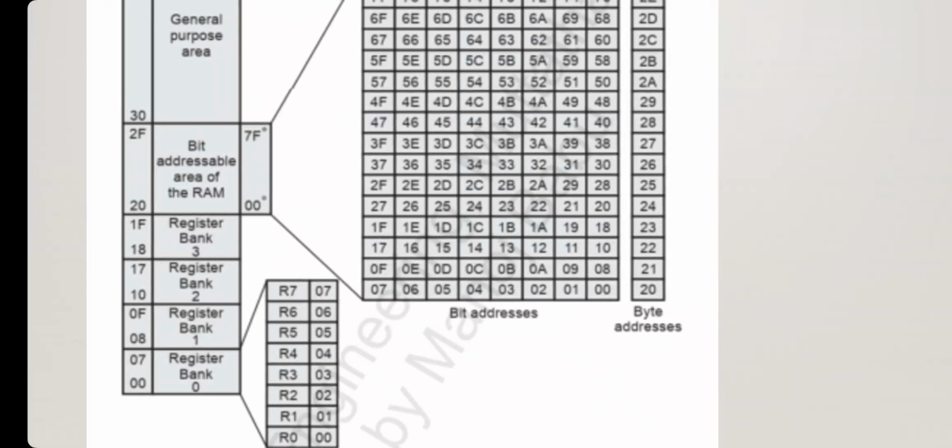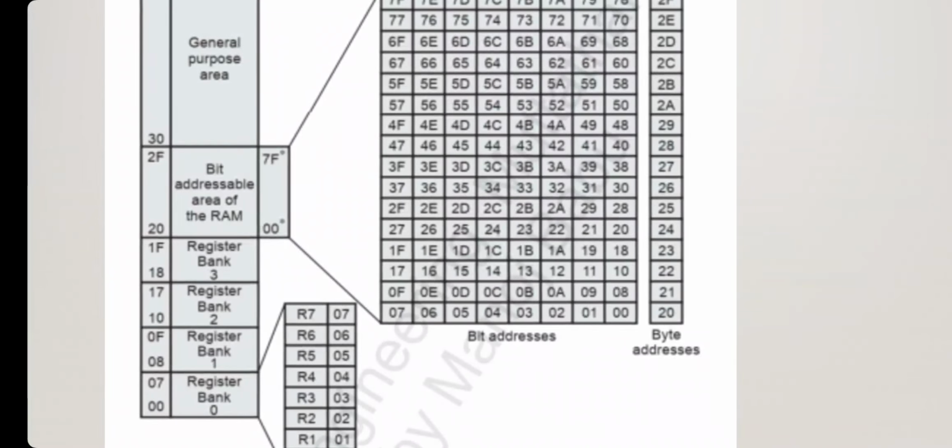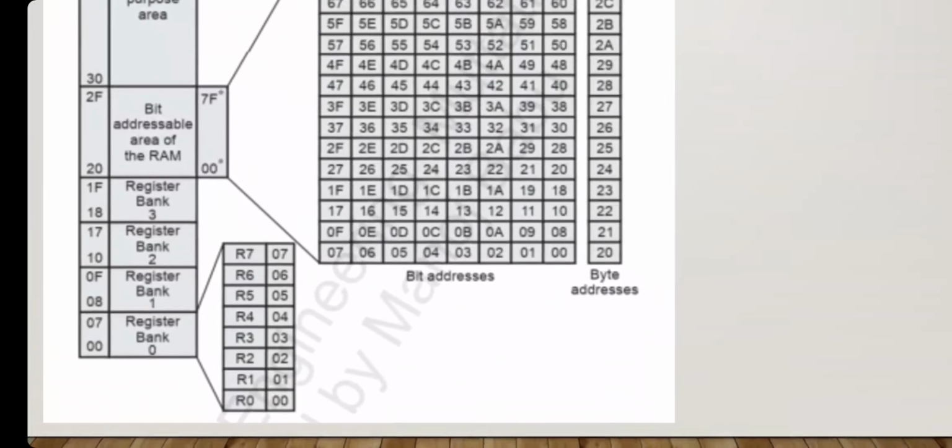Then for bank 1, after 07 we have 08, 09, and instead of 10 it is hexadecimal, so we have 0A, 0B, and so on up to 0F. Then the third bank has addresses from 10 to 17, and then we have 18 to 1F. These are all the addresses of the register banks.